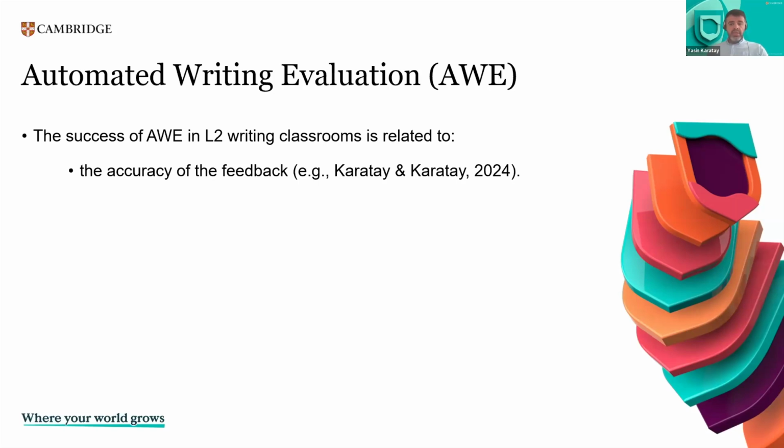So what I mean by that is, if we as language teachers believe that there are huge problems with the accuracy of the feedback, we are not willing to integrate it into our classroom teaching. This is the same for students too. But the technology in this field is advancing so fast, and I think these tools are getting smarter and smarter. I think this is going to be less of an issue in the future.